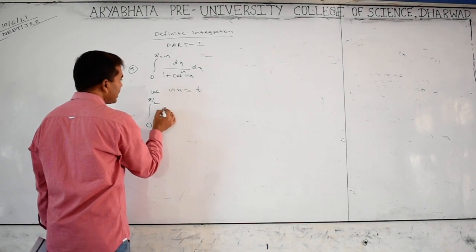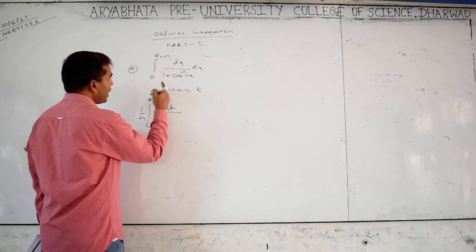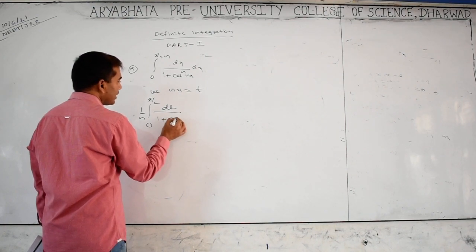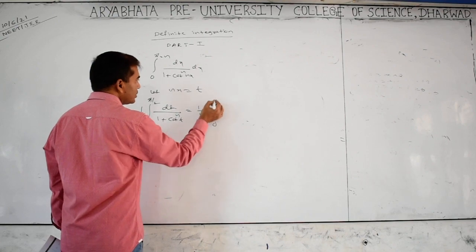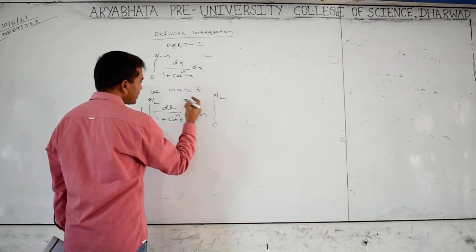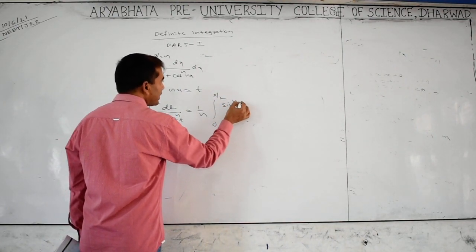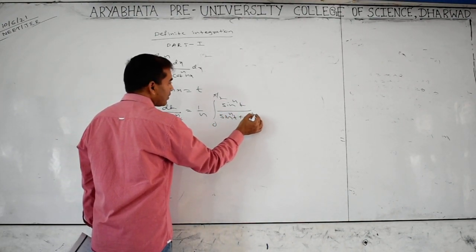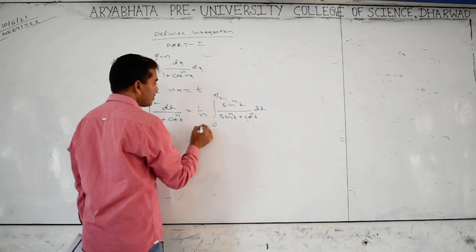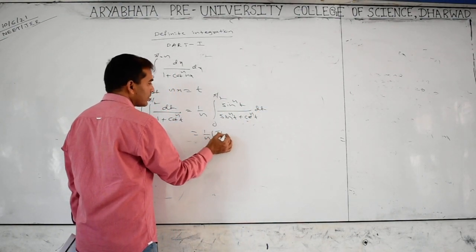Dx is equal to dt by n, and 1 plus cot power n theta. So this is 1 by n, 0 to pi by 2, this comes up as sin power n theta by sin power n theta plus cos power n theta d theta, which is equal to pi by 4.